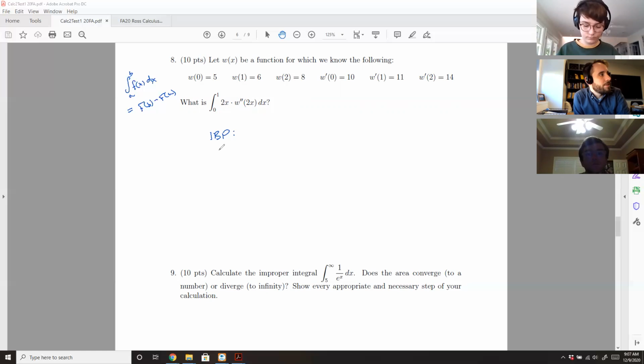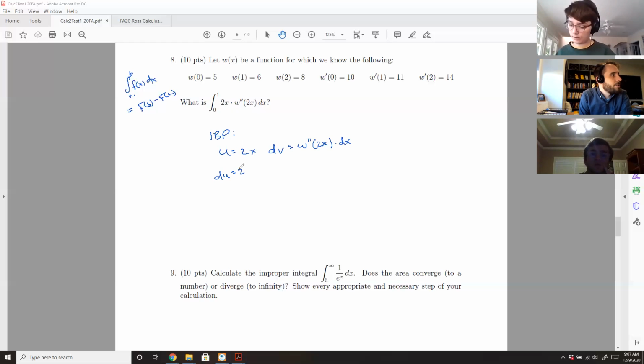So integration by parts, we can let u equal 2x. We can let dv equal the second derivative of w of 2x dx. Now du, the derivative of 2x, that's just 2. For v, we need the antiderivative of w prime of 2x.